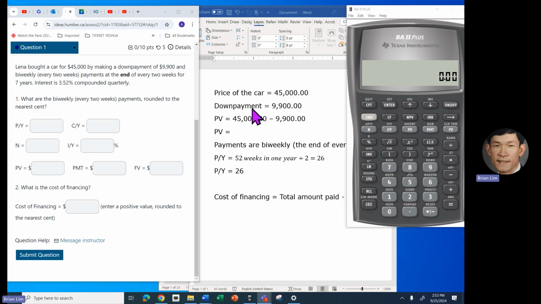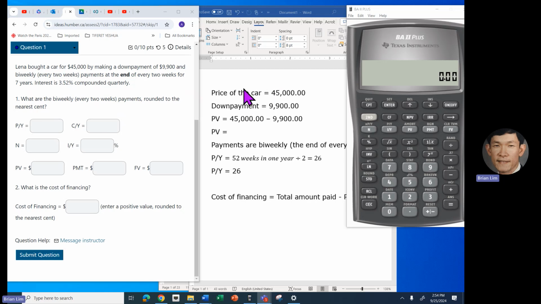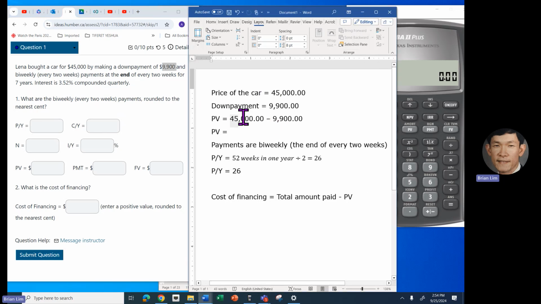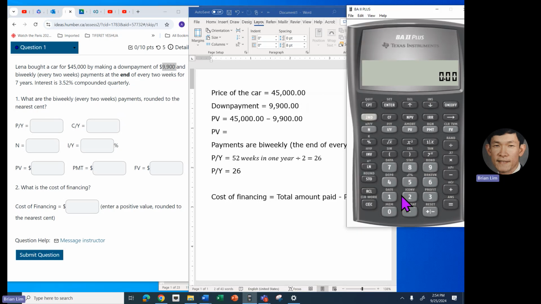Okay, so the price of the car is $45,000. Correct? We have it right here. That's the price of the car. Now, there is a down payment, meaning that Lena would have to pay less, so you have to deduct the $9,900 as it shows here. So we take $45,000. Let's get to the calculator.